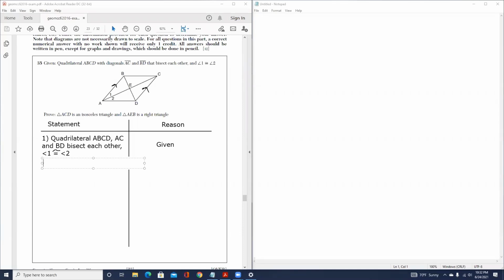But to do that, we need to define quadrilateral ABCD. Now, we know that this is a parallelogram because it's given to us that AC and BD are diagonals that bisect each other.